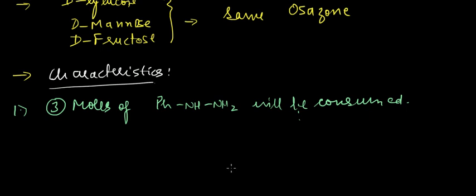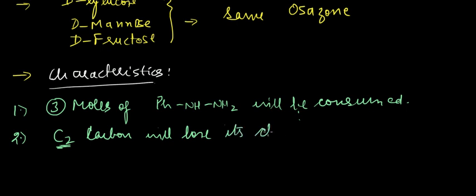Next point is that the C2 carbon will lose its chirality in Osazone formation. Why? Because both of the carbons get converted into aldehyde, and then attachment of N towards C takes place via a double bond. So the C2 carbon will lose its chirality in Osazone formation.